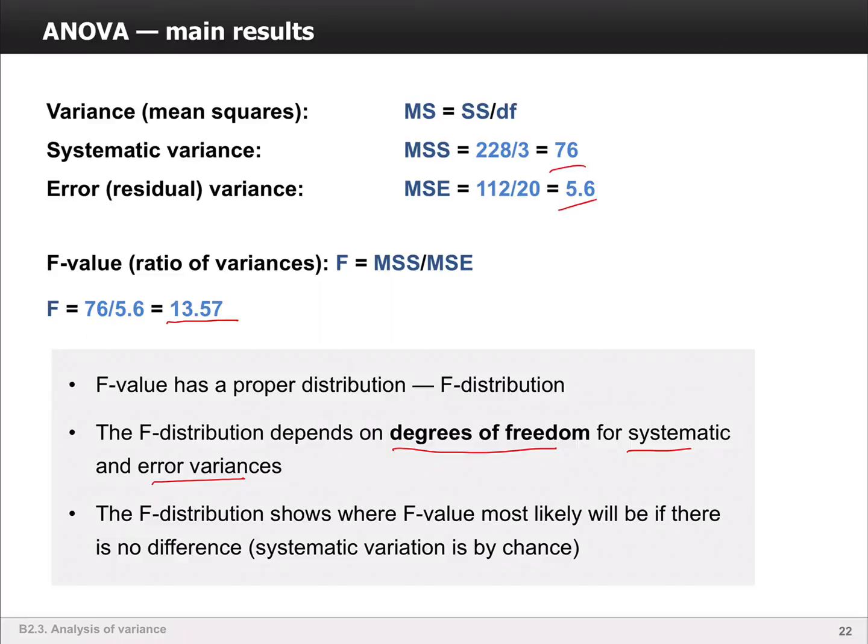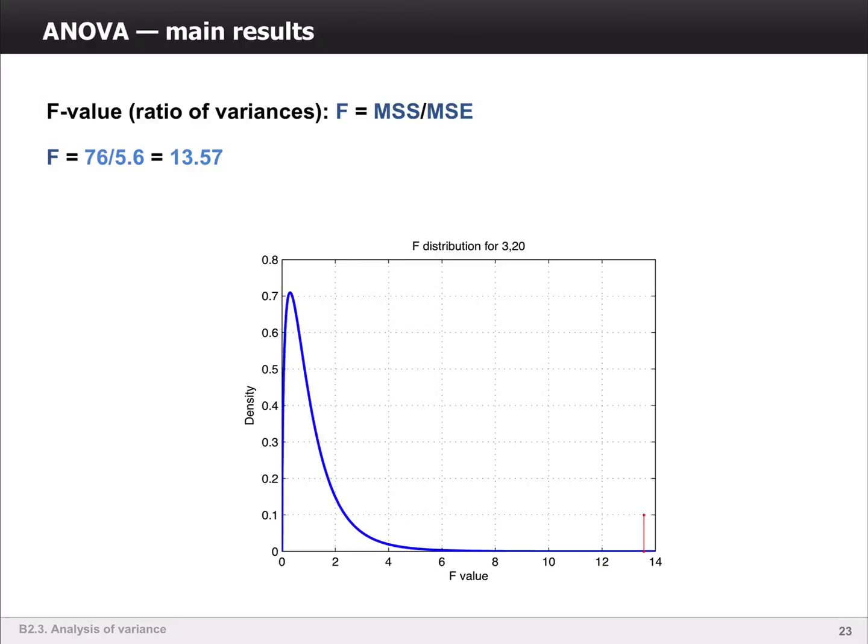You remember we have 3 degrees of freedom for systematic, and then we have 20 degrees of freedom for the error variance. And then it shows the chance to get an F value like we have, or even more extreme, if in fact the samples came from a population without any difference. Let's see. So this is exactly the F value for these degrees of freedom.